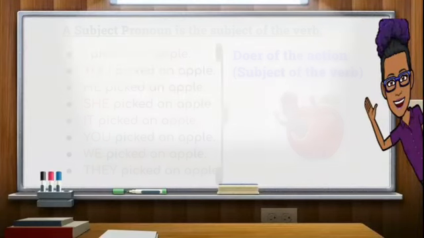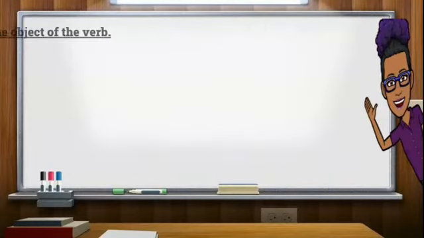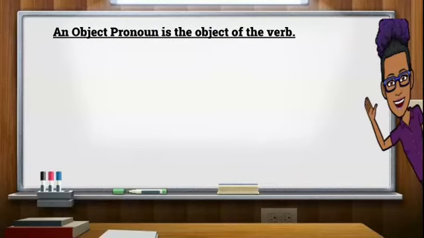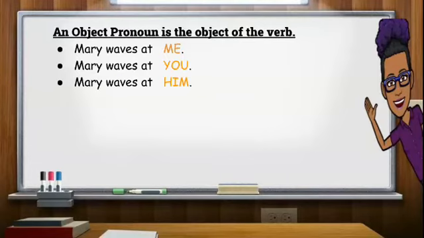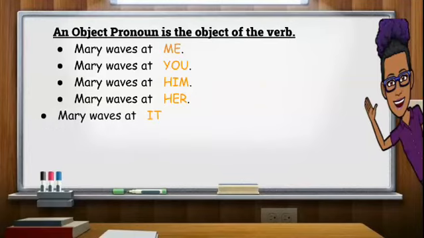So let's go into our object pronouns. An object pronoun is the object of the verb, simply meaning the receiver of the action. So here we are with our object pronouns. Mary waves at me. Mary waves at you, singular. Mary waves at him.